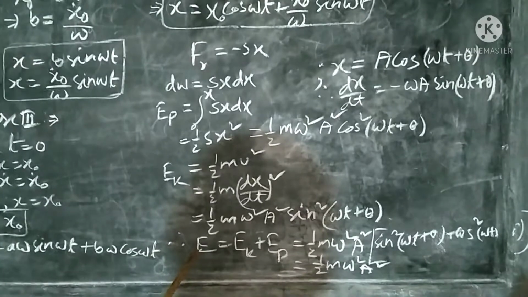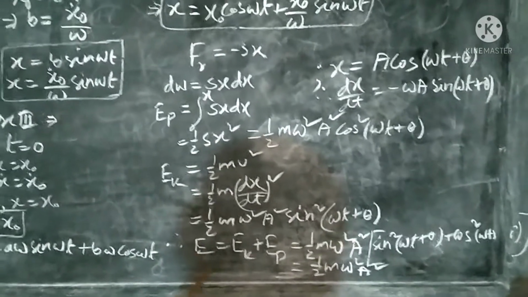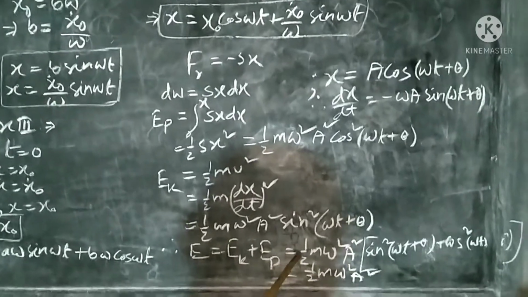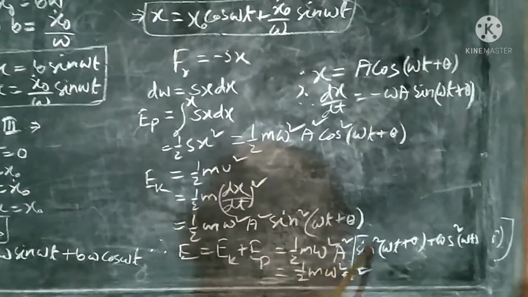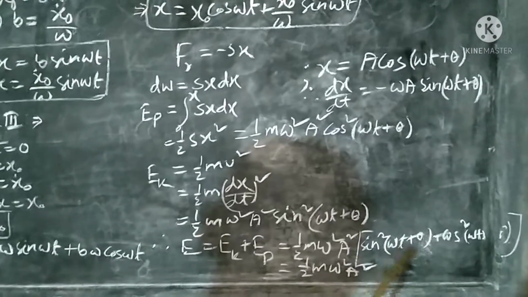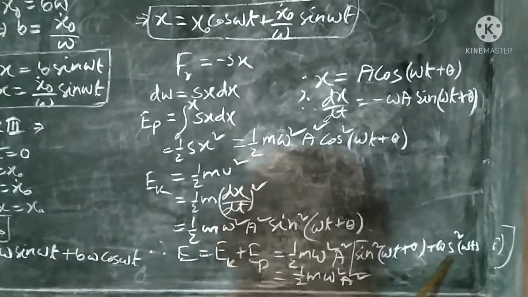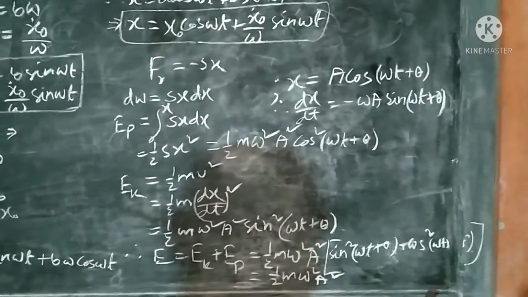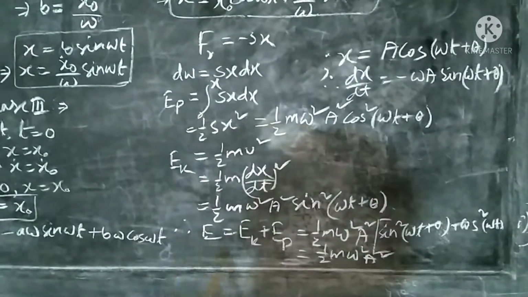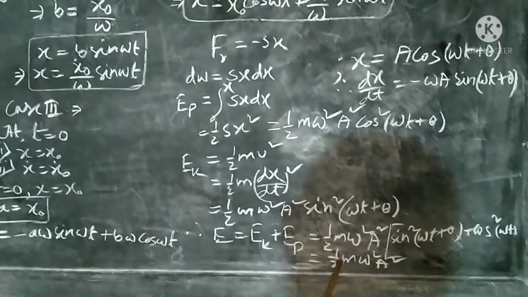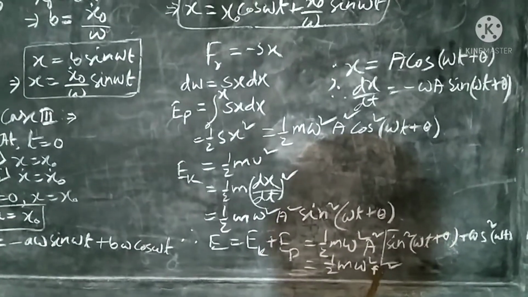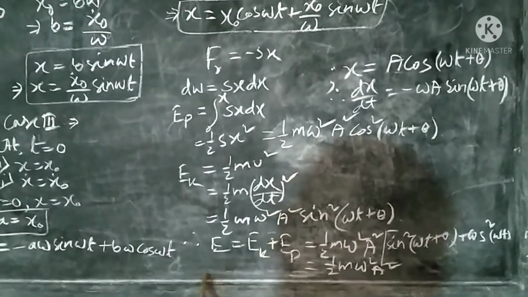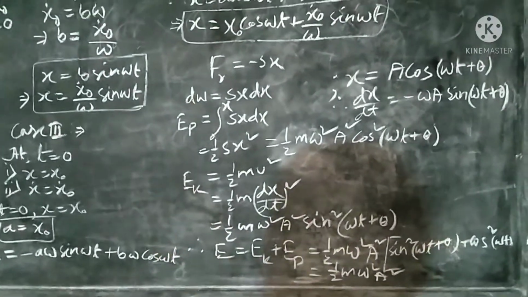Then the total energy of simple harmonic motion E equal to Ek plus Ep equal to half m omega square a square into sin square omega t plus theta plus cos square omega t plus theta. Then the final equation becomes half m omega square a square. So that's the total energy of the simple harmonic motion.